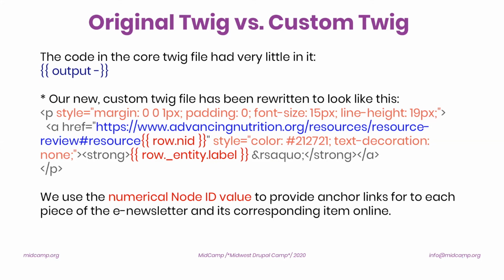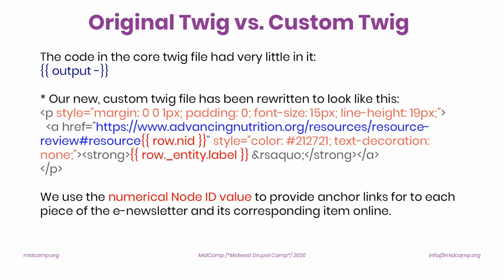And so when we look in the Twig file, you don't see a whole lot. All you see is this stuff in curly brackets. Often, you see something like this, it just says curly brackets output hyphen. And so what I had to do was rewrite that entire thing with a P tag with inline styles, an A tag with inline styles.